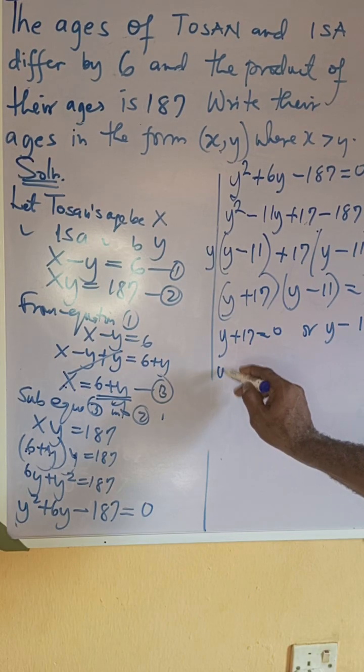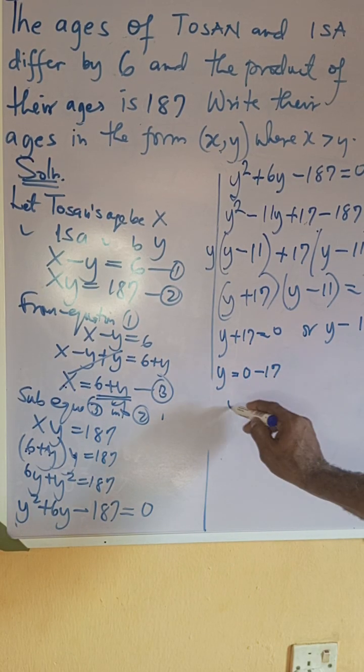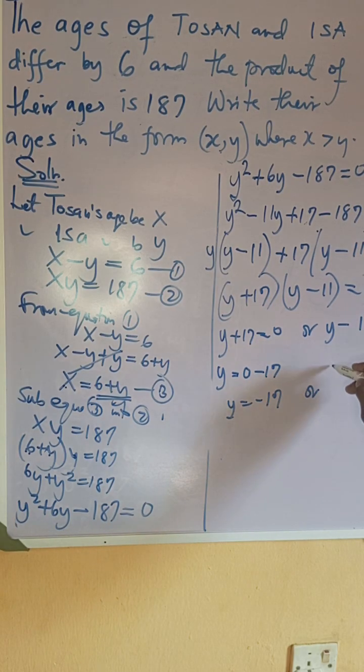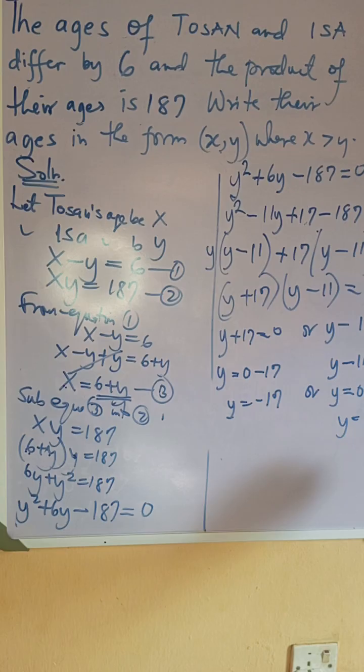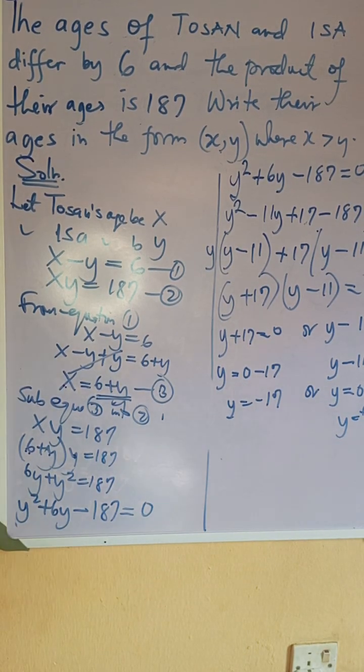So let's simplify this. y is equal to 0 minus 17, so y is equal to minus 17. Or y minus 11 equals 0, so y is equal to 0 plus 11, y is equal to 11. You can see here we have y equals minus 17, and here we have y equals plus 11.